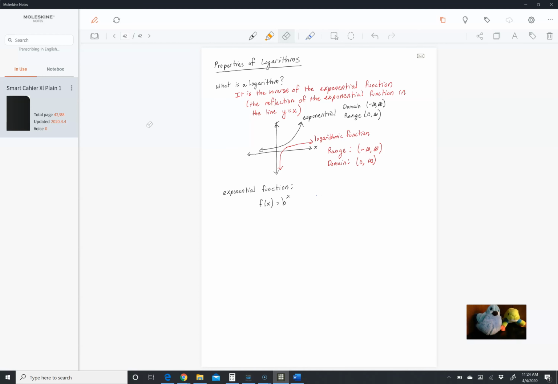And we know that in order to find the inverse, we have a set of rules that we follow, right? We replace f of x with our y. Then we're going to switch x and y.